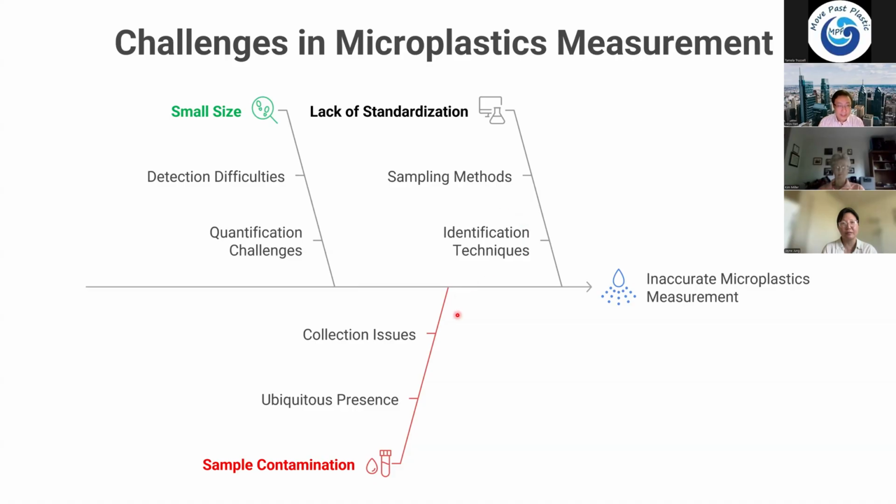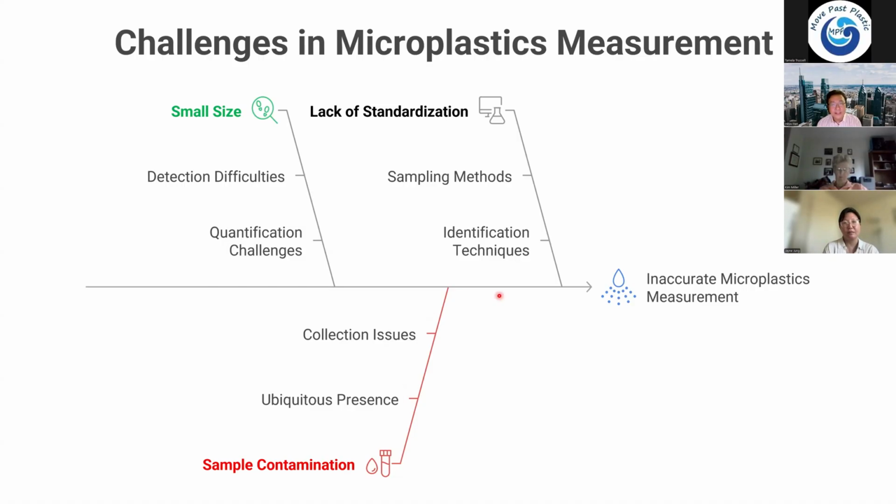Even if we have a standardized sampling method and identification techniques, there are still other challenges in the real world because the issue is related to sample contamination. Sample contamination can occur anytime, from collection or when we analyze the microplastics in the labs, because microplastics are ubiquitously present in any environment.